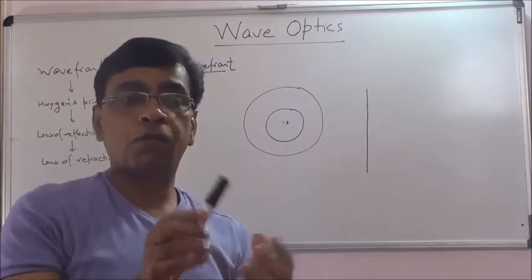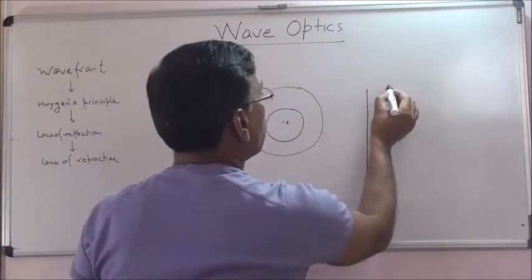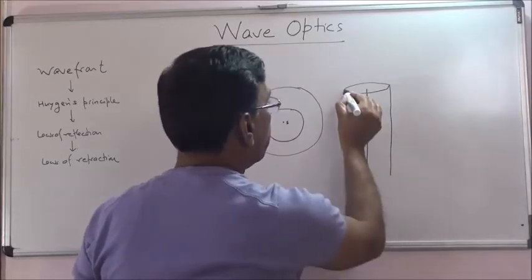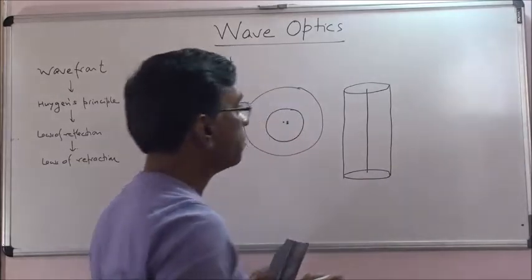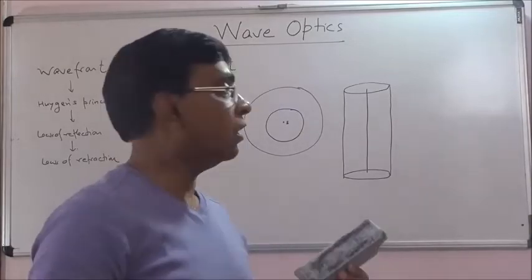So the locus of all those points will be a cylinder. So we can say for a line source, the shape of the wavefront will be cylindrical. Then for a plane surface, we may have a plane wavefront.